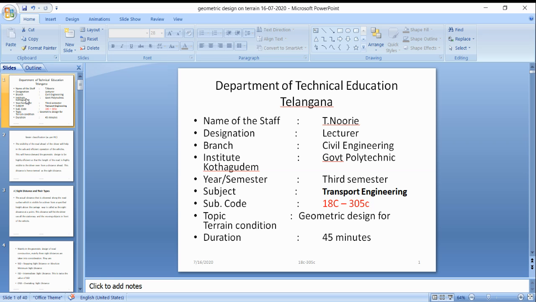Generally the shape of the camber may be parabolic, elliptic, or straight, or a combination of parabolic and straight. The main function of the camber is to drain off the rainwater.